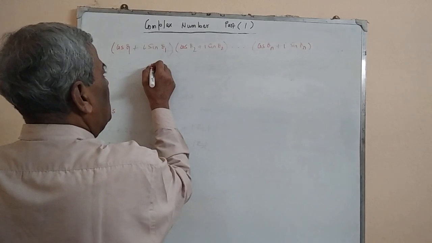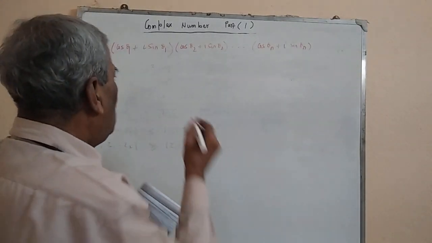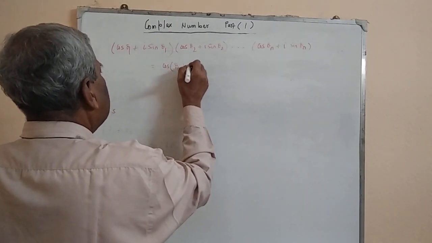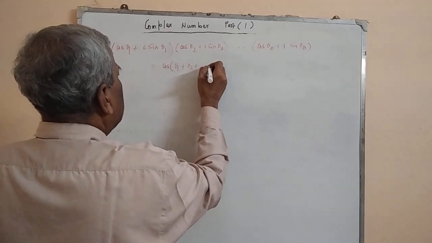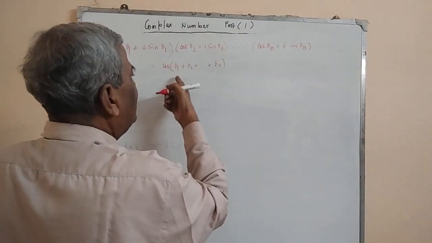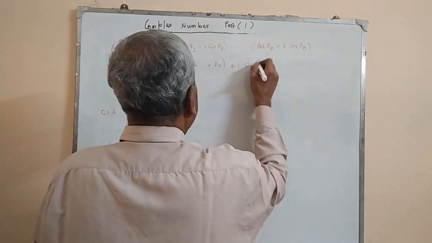Their product is equal to, of the same form, cis, cos of theta 1 plus theta 2 up to theta n, that is, all angles are added, plus i sin of the same angle.